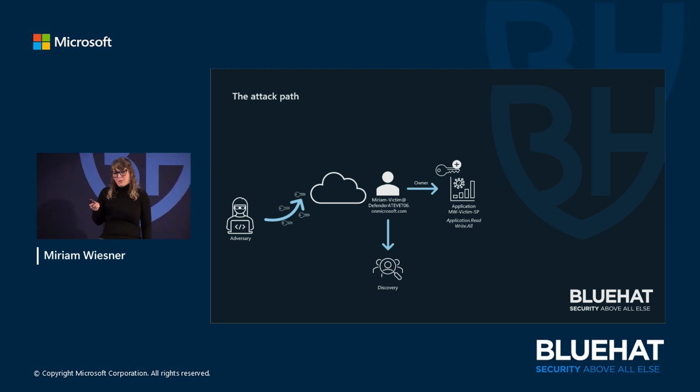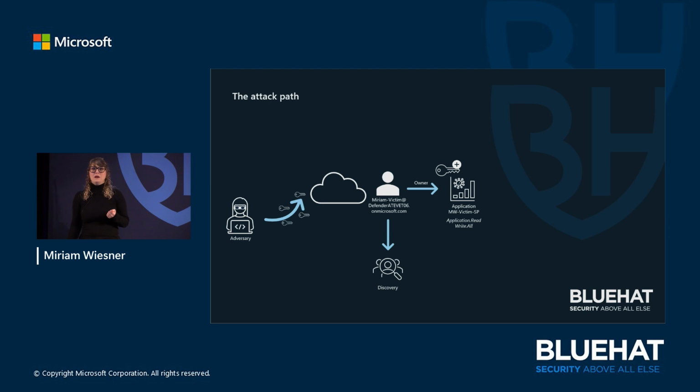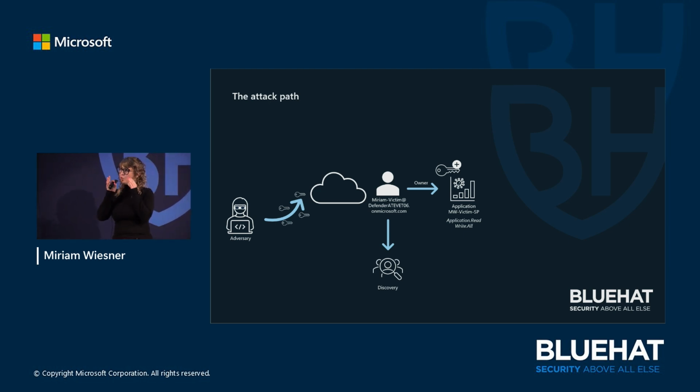And what we also have in this company is one thing that is very nice for our attacker Eve, because in this company, people are assigning the owner property of an app to the owner of the resource. So the person who is responsible for that app is assigned the owner.